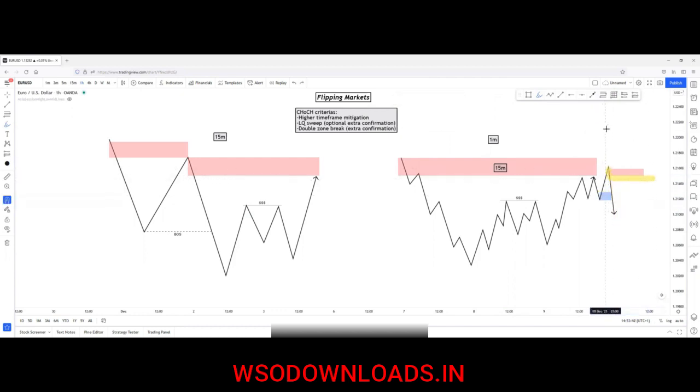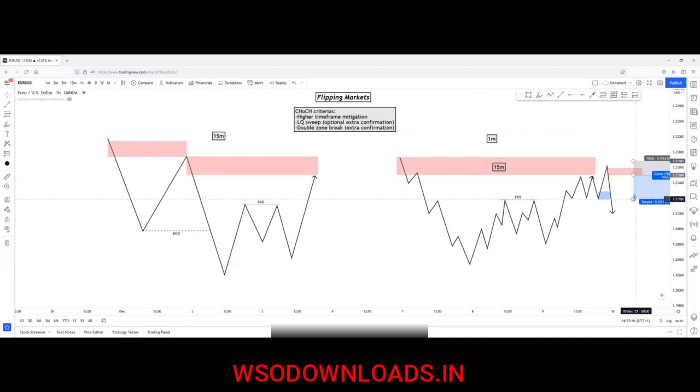And after this, you can hop in a trade, you can set an order on this supply zone because a change of character happened after a higher time frame mitigation and the liquidity sweep, double liquidity sweep, or also triple liquidity sweep. So this is a really, really strong confirmation for the short entries. So yeah, price broke through this demand zone and created a supply zone. You can easily set an order on this supply zone.